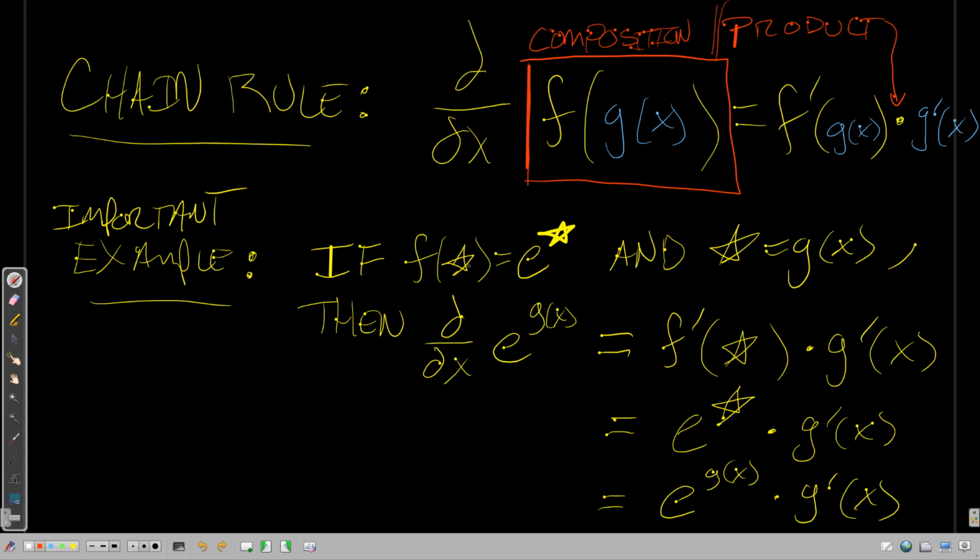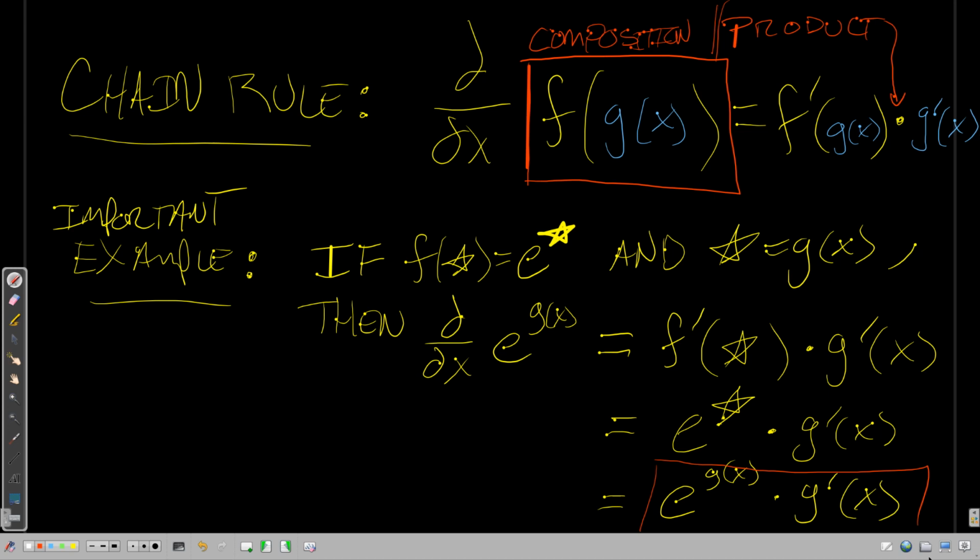Now, the derivative of e to the star is just e to the star. And the derivative of g is just g prime, but star was g. So you get this.